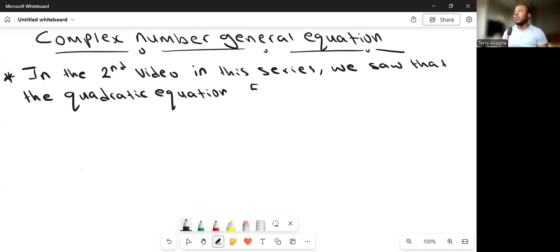We saw the quadratic equation 5x squared minus 6x plus 5 equal to 0.